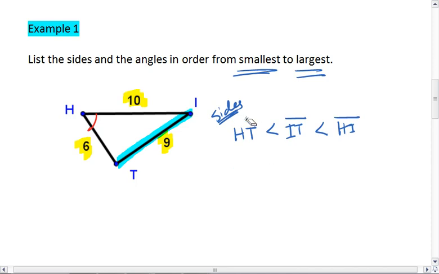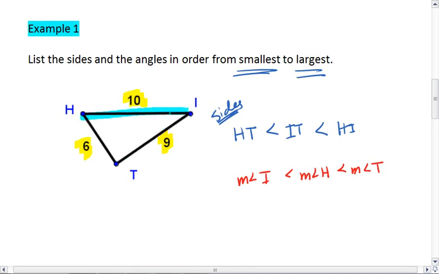We'll actually use measures here because we are talking about numbers here. So the measure of angle I is smaller than the measure of angle H, which is then smaller than the measure of angle T. Our last angle, and it's the angle that is also opposite the longest side.